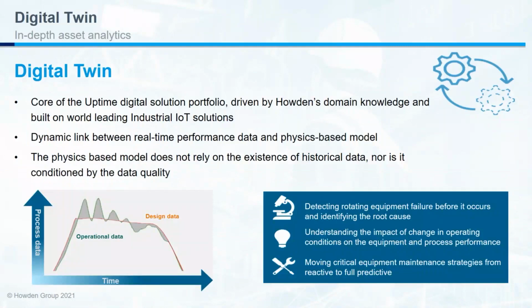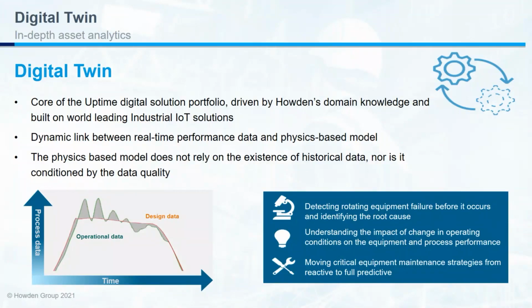The digital twin is the core of our Uptime portfolio. It will give you in-depth asset analytics through the combination of data-driven and model-driven models. These digital twins are a great tool for our technical experts to give the best advice to our customers regarding maintenance and performance monitoring of their assets.